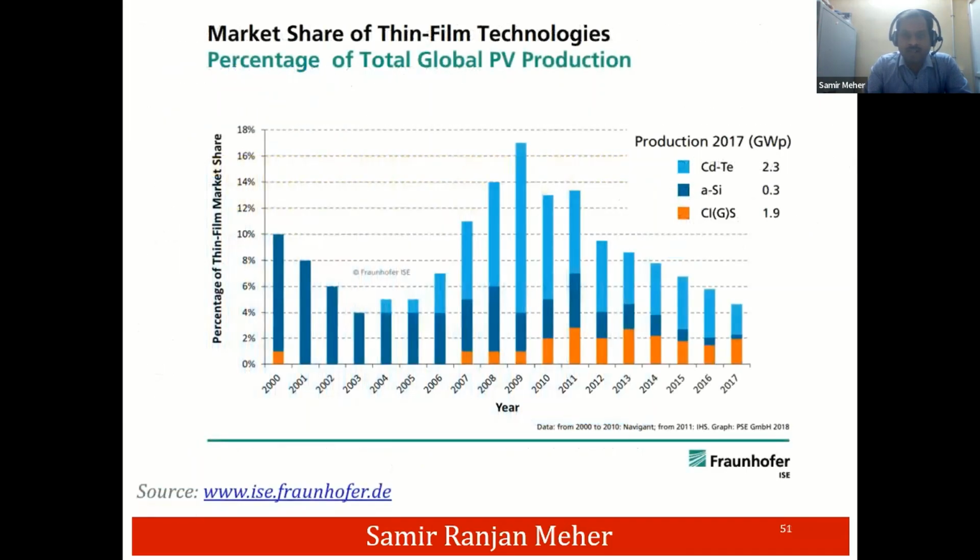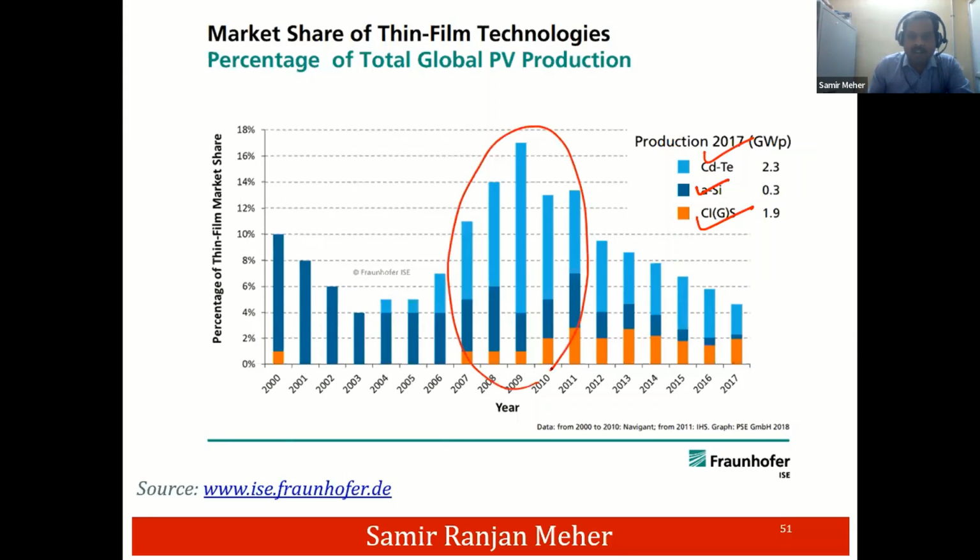The different materials which are used commercially for thin film based photovoltaics are amorphous silicon, cadmium telluride, and copper indium gallium sulfoselenide. You can see the trend for cadmium telluride in around 2009 or 2010. But now the cadmium toxicity is a major issue.